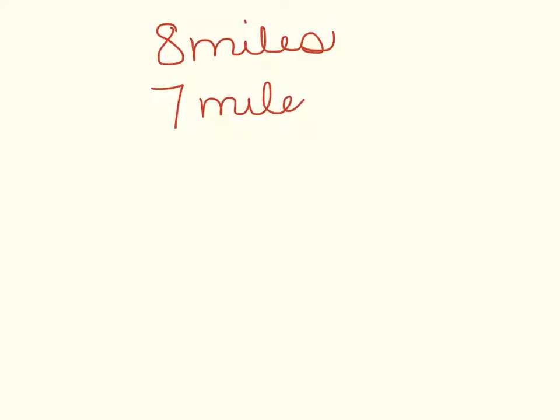All right, let's use the one from earlier just as a quick reminder. A troop hikes 8 miles in the morning, and they hiked 7 more miles in the afternoon. How many miles did they hike total?